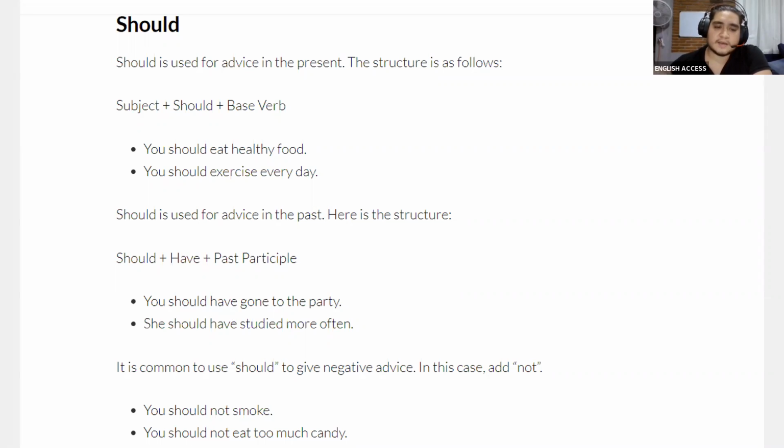Now, it is common to use should to give negative advice, in this case by adding not. The first example is you should not smoke, and the second one, you should not eat too much candy, okay? It is kind of implied that when you use should not, there's a negative consequence for you if you do this, correct?